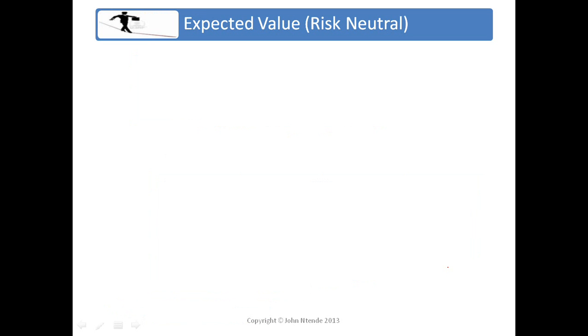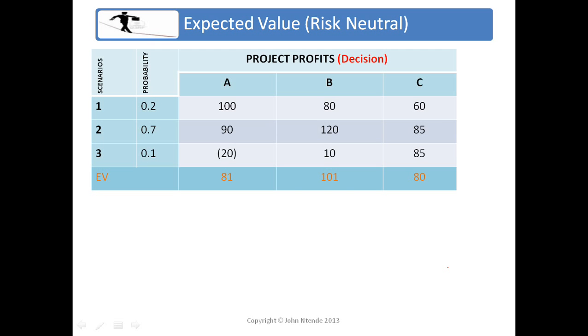Okay, let's move on to expected value. With expected value, the risk attitude is risk neutral. Expected value is used usually for long-term projects or repetitive projects, and it's used in risky conditions. That means we can attach a probability.